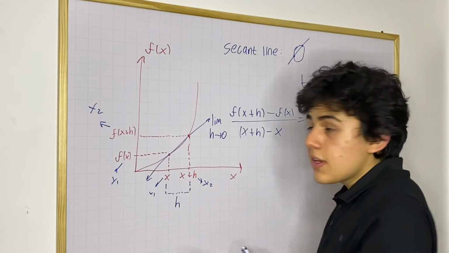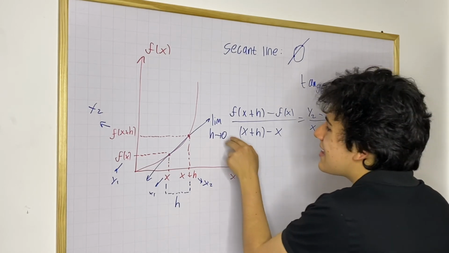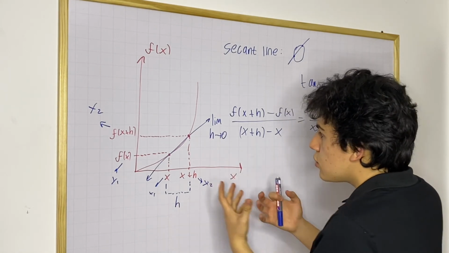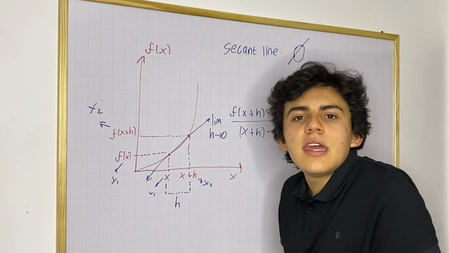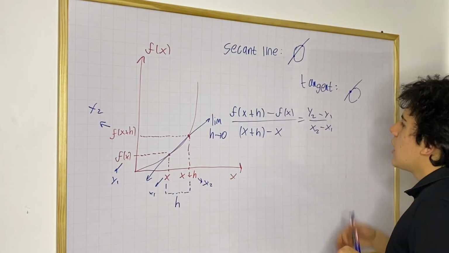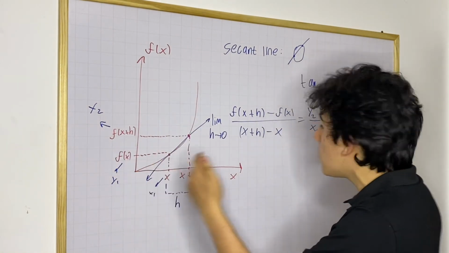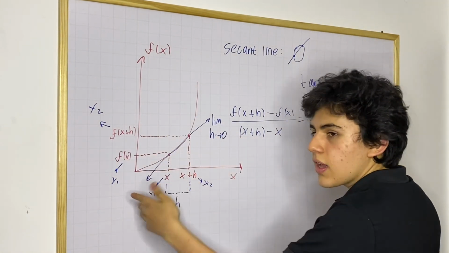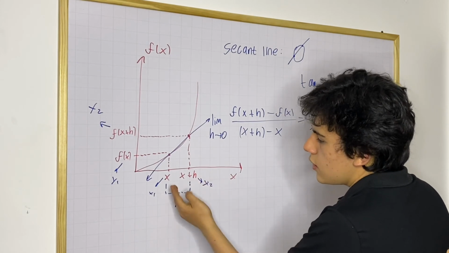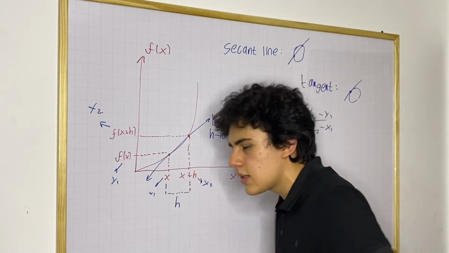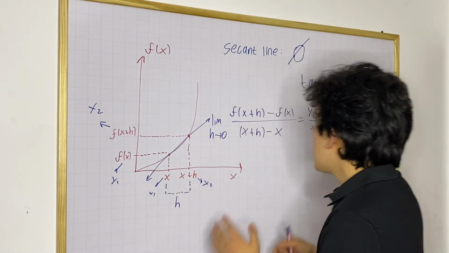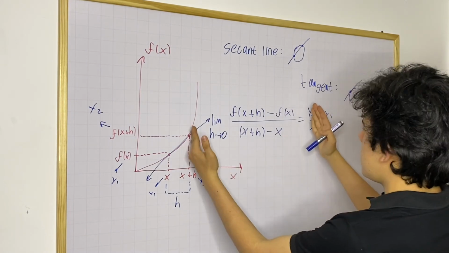And how do we represent that? Well, we say the limit as the distance h between the two points is approaching 0. And then we simply use this equation. We say y2, our greatest point in y, minus our smallest one, divided by our greatest x value minus our smallest x value. This is what a derivative is, okay?